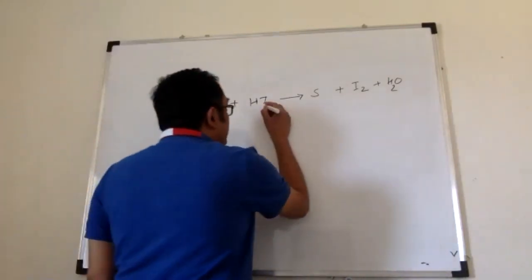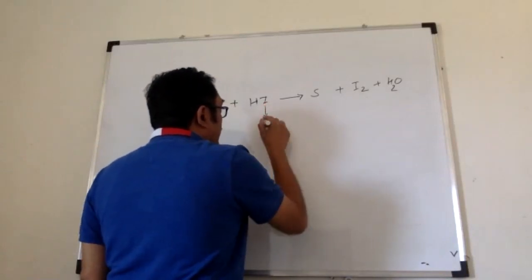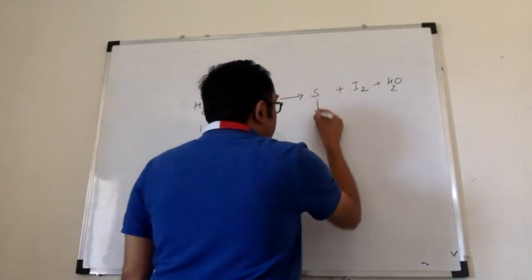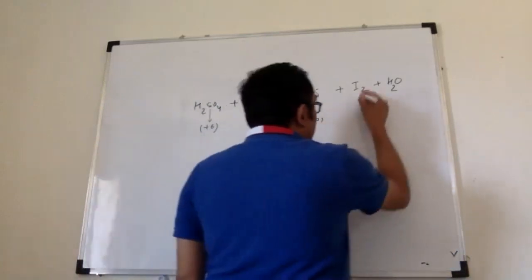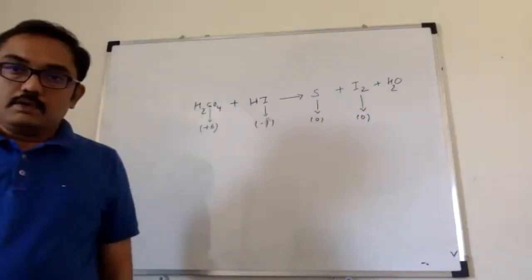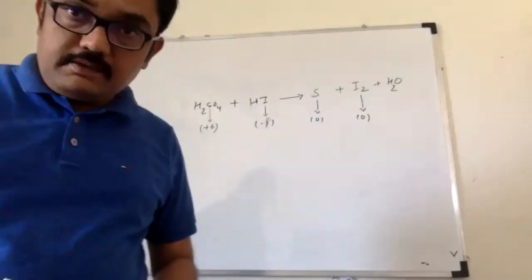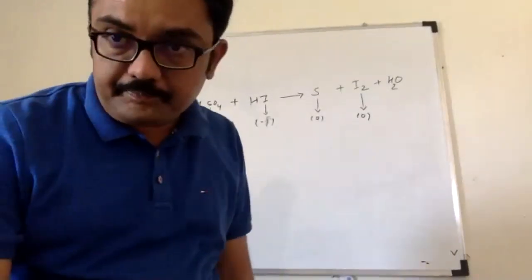Iodine is minus 1. And this sulfur in the elemental form is 0. Iodine in the elemental form is 0. So I have labeled the atoms that change in oxidation number.